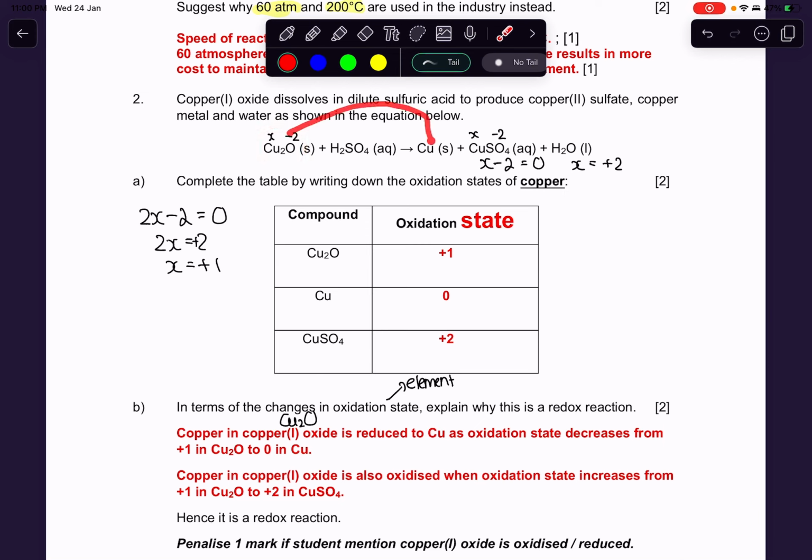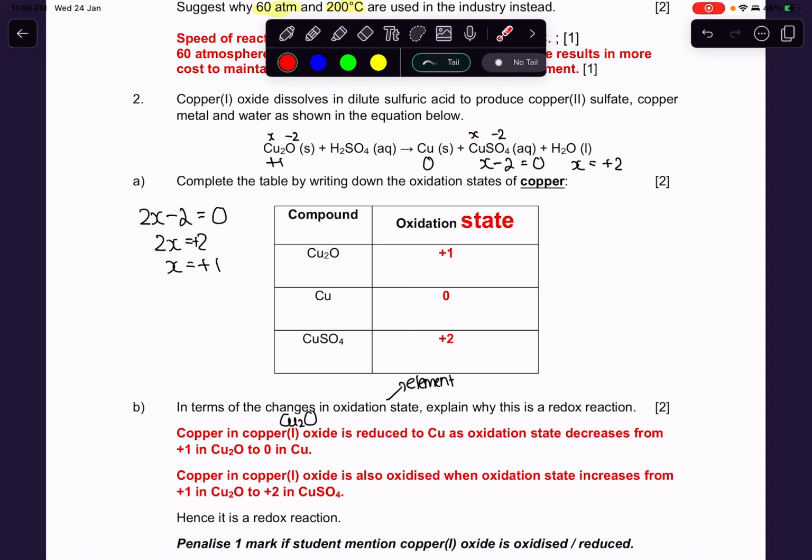It is firstly reduced from +1 to 0 in Cu. So this is a reduction, as well as an oxidation from +1 in Cu2O to +2 in CuSO4. Always compare the same element when you want to use OS to talk about reduction or oxidation. So in this case, copper to copper and copper to copper.